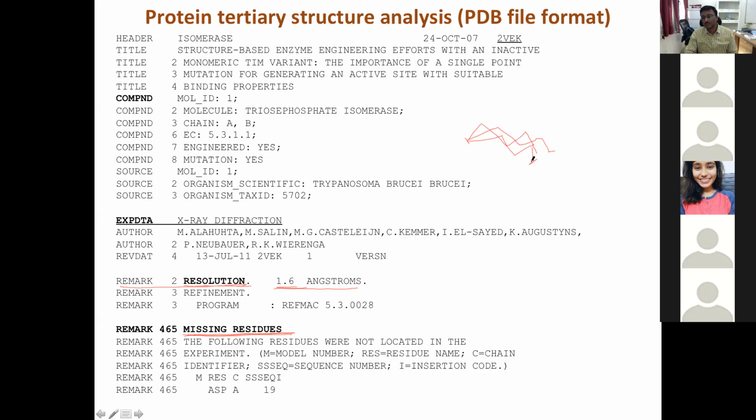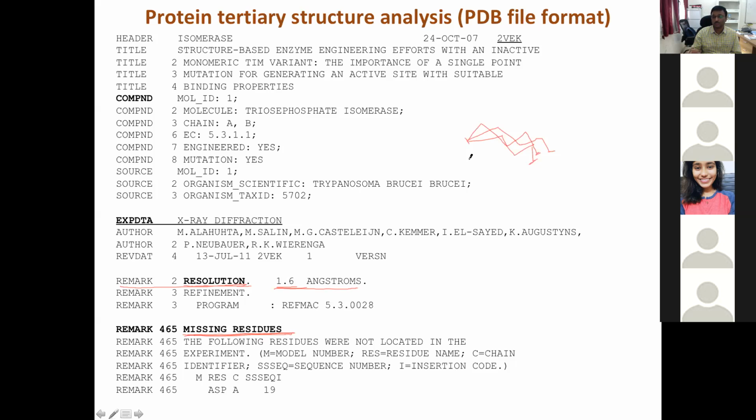Because it's moving, or it's a highly mobile region, the electron density that you'll be getting will not be very uniform. Rather, it will be completely messed up. And because it's a completely messed up electron density, you will not be able to fit one single conformation to this. Since you're not able to fit a conformation, you will say, well, I don't know what conformation to say for this, and that's what gives rise to the missing residues.